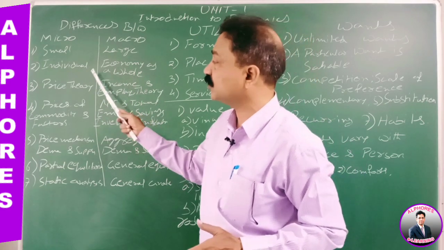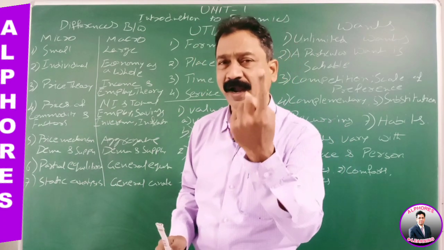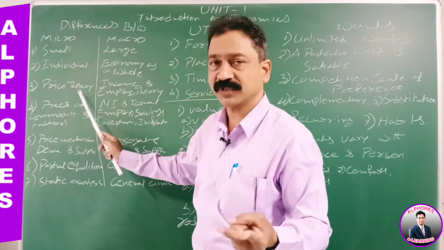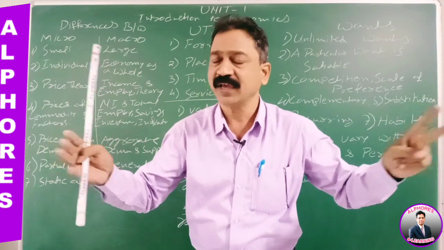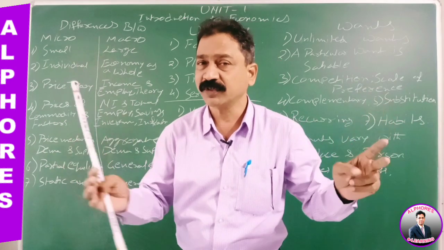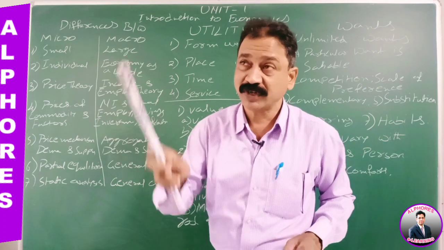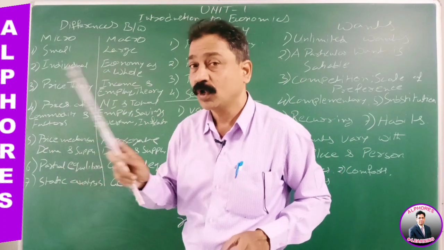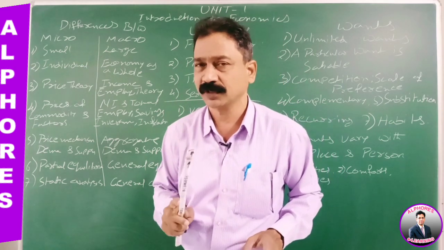Next, the third difference: product pricing and factor pricing are particularly discussed under microeconomics. We saw the scope of economics yesterday, and in it the first two points: one is product pricing, the second is factor pricing. Product pricing depends on demand and cost.